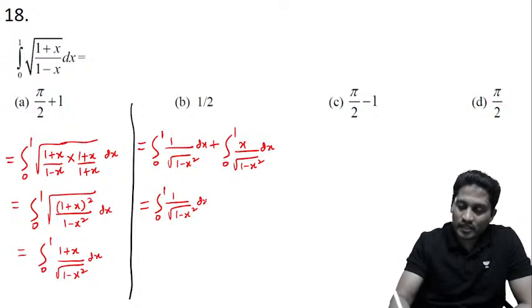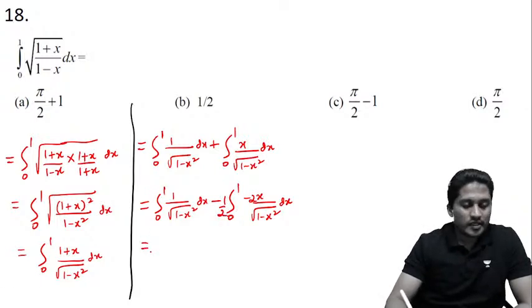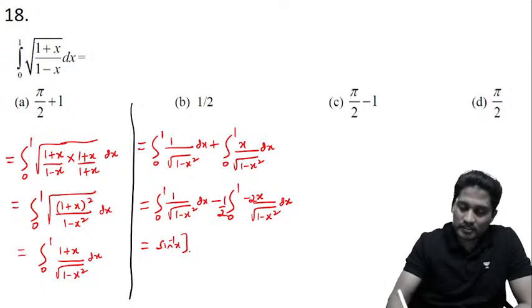Alright, this is minus of 0 to 1, minus x divided by root of (1 minus x square) dx. I'm just writing that plus is minus of minus. I'll divide by 2 and multiply by 2 here. Integration of 1 by root of (1 minus x square) is sine inverse of x between the limits 0 to 1, this is minus half.